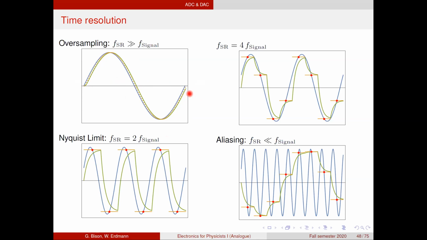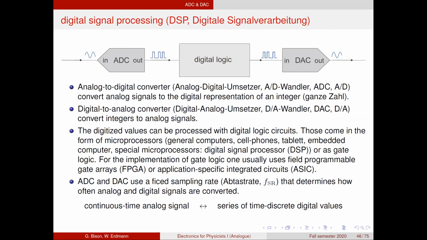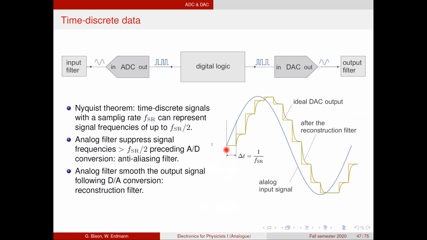Now, if we approach more and more the Nyquist limit, at a sampling rate that is 4 times the signal frequency, so this is not quite the Nyquist limit yet. What I've done here is shift the output signals in time so that they are easier to compare with the input signal. Keep in mind, in reality there is a time offset between those.